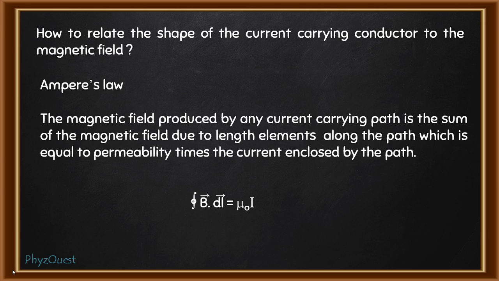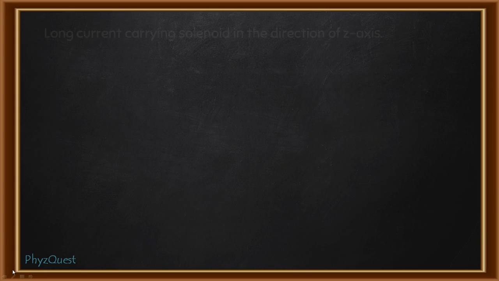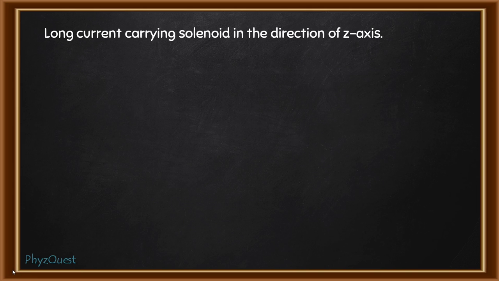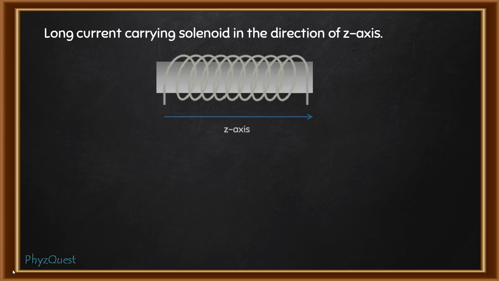So our question is based on a long solenoid. We have a long current carrying solenoid in the direction of the z axis like this. Here this is a wire where current is flowing. The direction of current is along this direction, and the direction of this is the z axis.